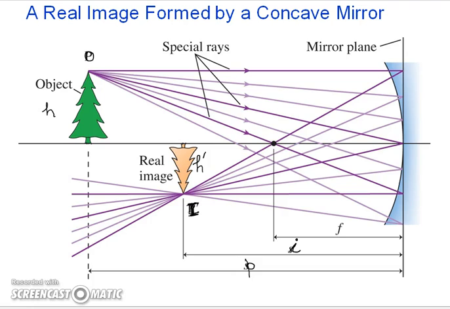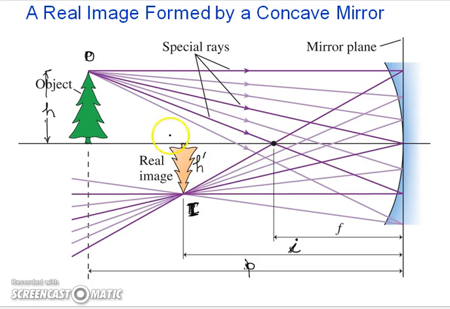Let's take a concave mirror, and using those ray diagrams, let's say I have an object whose height is h. Of course, this is an extended object, not a point object. If you pay attention here, this is the parallel ray; these are the three special rays we talked about earlier. This parallel ray, after reflection, must pass through the focal point of the spherical mirror.